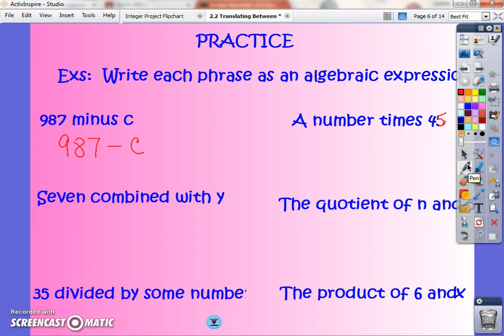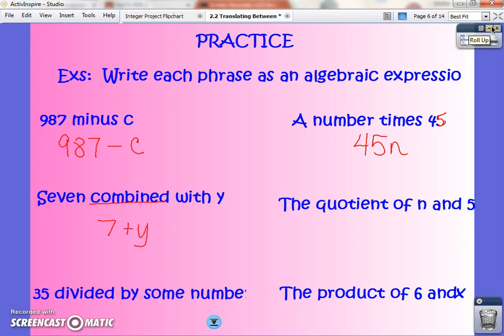Okay, so for this one, this is a number times 45. I could write it as n, a dot, and 45, but I love my mush multiplication, so I'm going to do it like that. And you could come up with any variable; I just used n. 7 combined with y. Combined stands for addition, so 7 and y. This one, the quotient of n and 5.